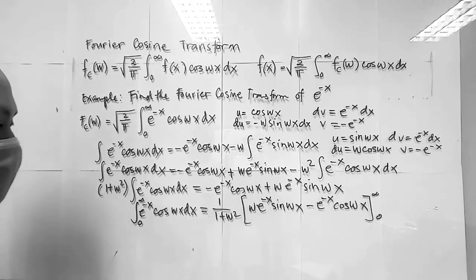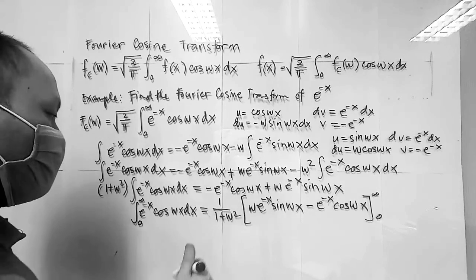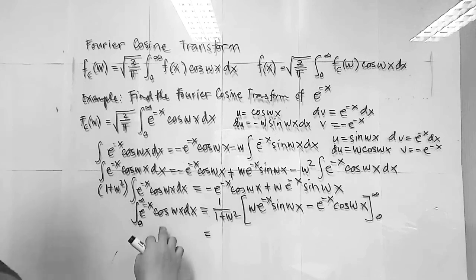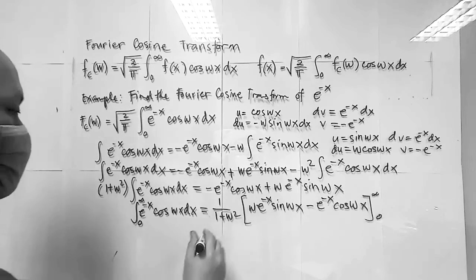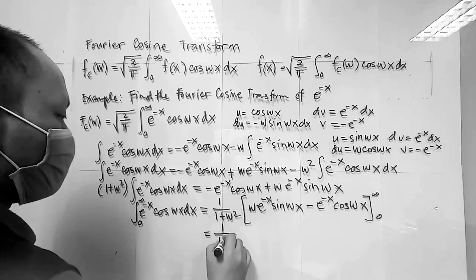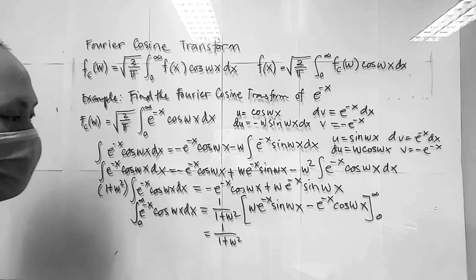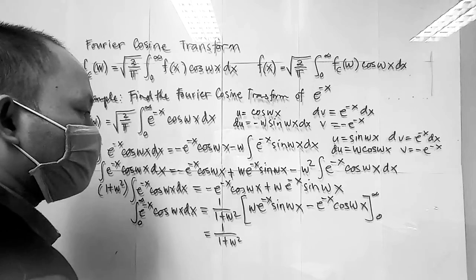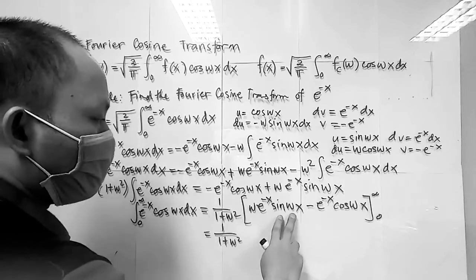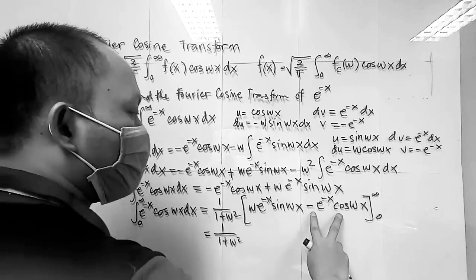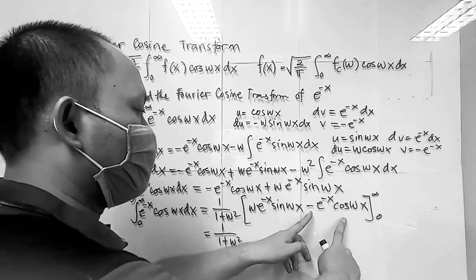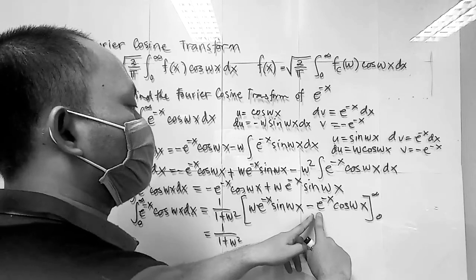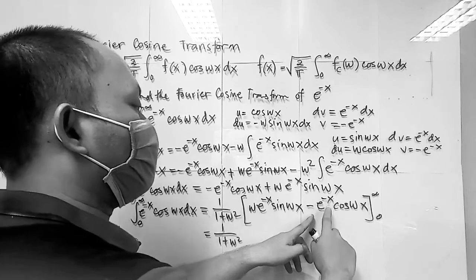So that is equivalent to 1 over 1 plus w squared times, sine of 0, that is 0, minus the lower limit: cosine of 0 equals 1, and e raised to 0 equals 1.